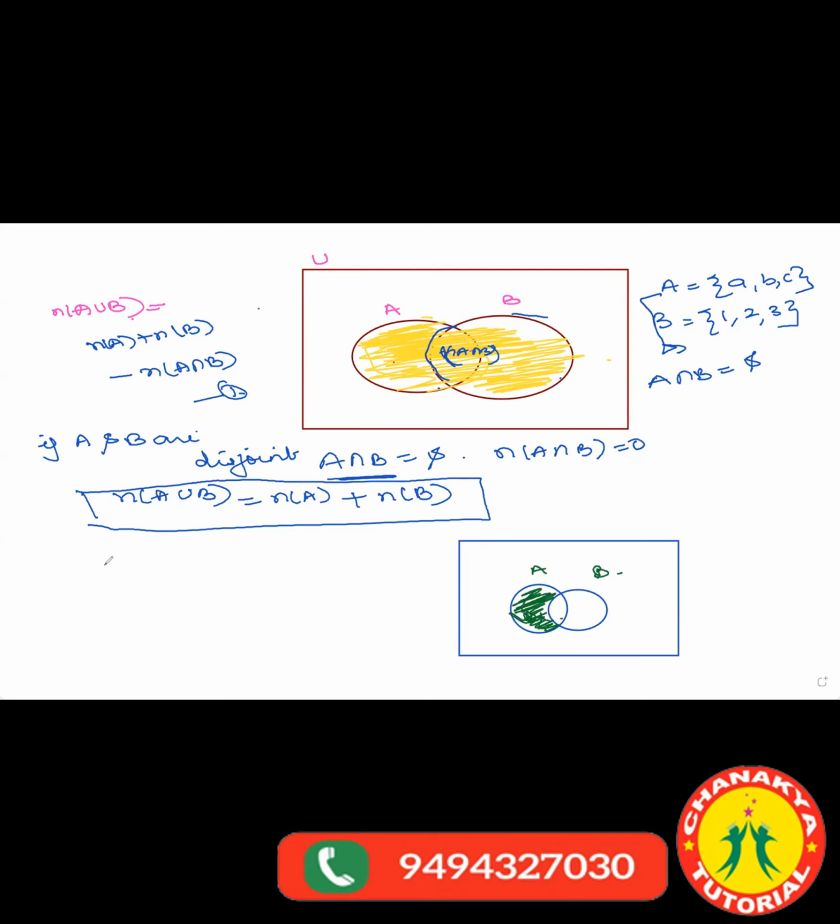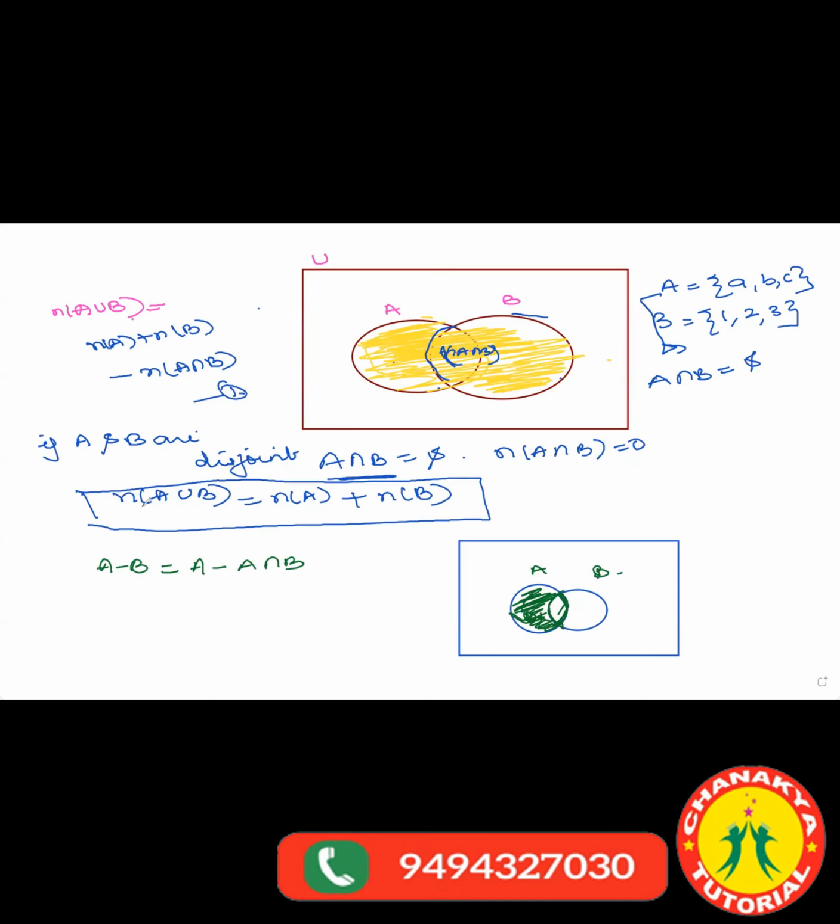So you can write A minus B as set A minus A intersection B. This whole set is A, and when you are subtracting only this part, what will it be? It is A minus B.